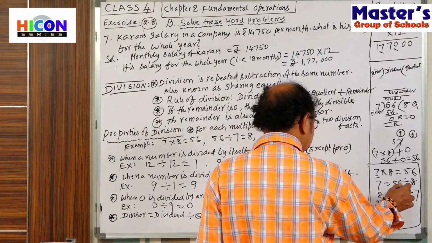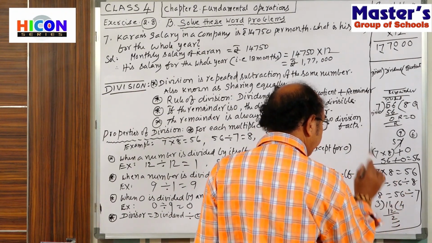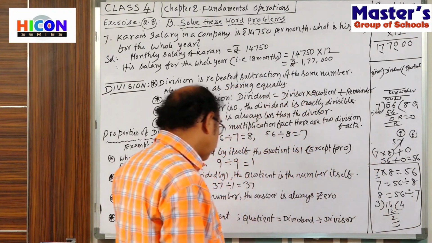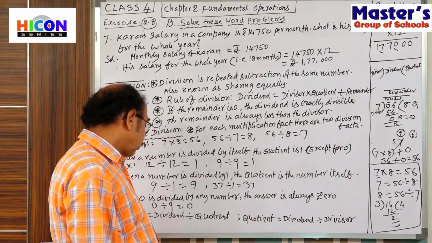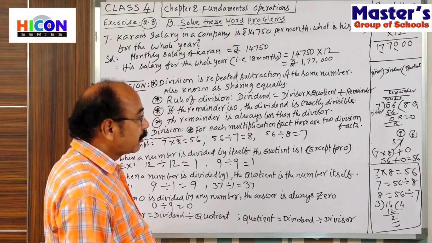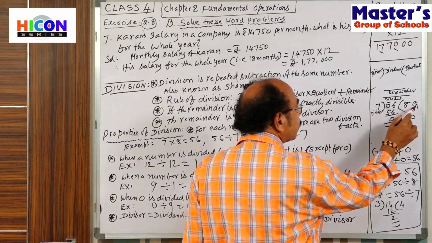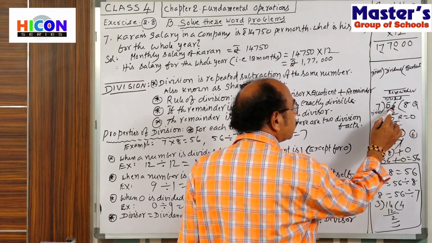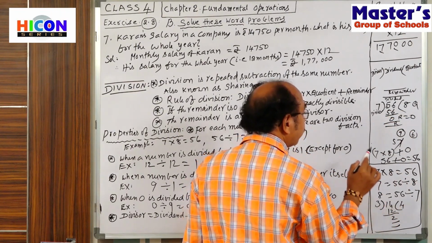56 divided by 8 is equal to 7. 56 divided by 7 is equal to 8. Okay, that's why what do we say here? Divisor is equal to dividend divided by quotient. Here dividend is 56, quotient is 8. 56 divided by 8 means we get 7.